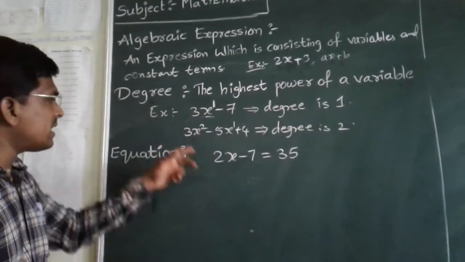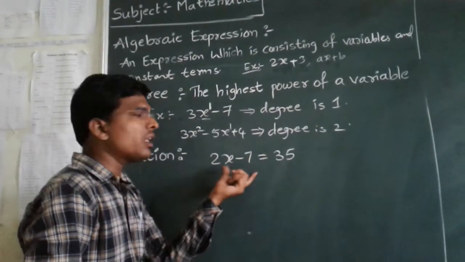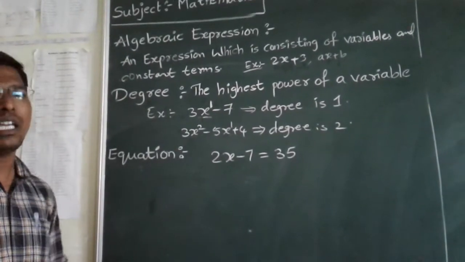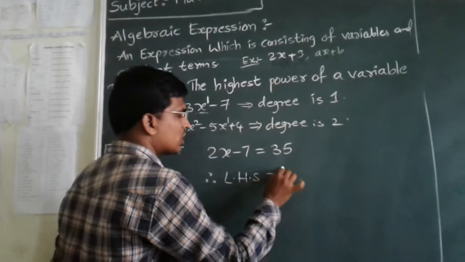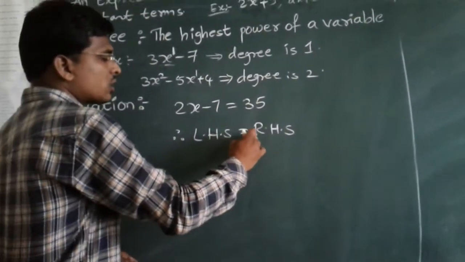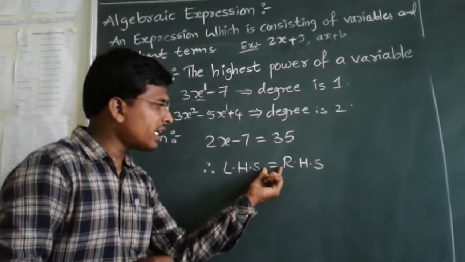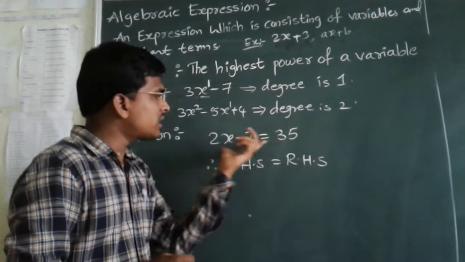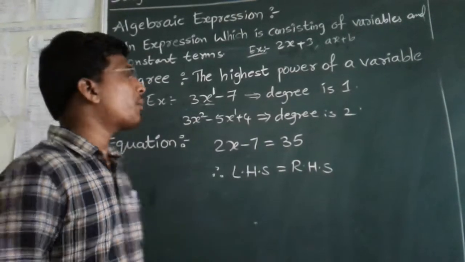We can say it is an equation only when, with an equality sign, we have something on the left hand side and something on the right hand side. Generally we write LHS equals RHS, left hand side equals right hand side.